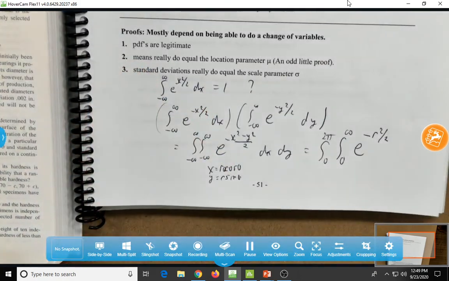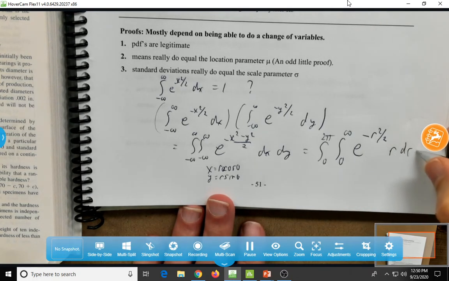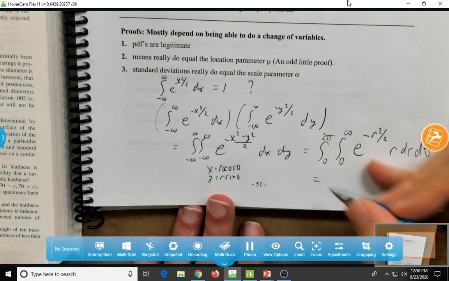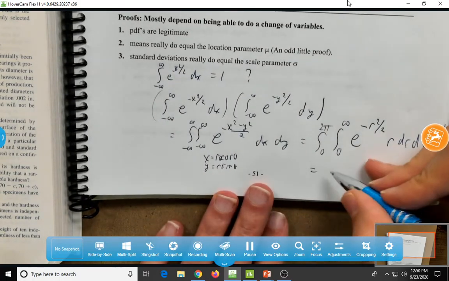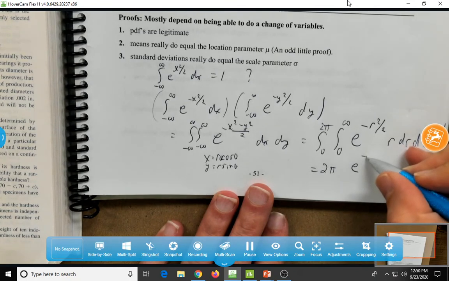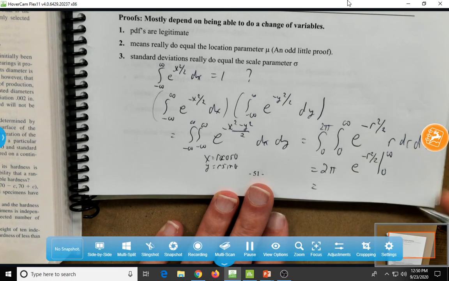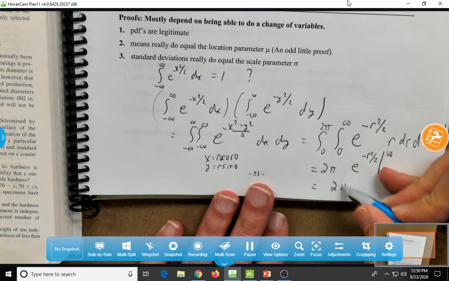And when I go from Cartesian to polars, what is my infinitesimal going to be? R d theta? Right. And so if I integrate this, I get 2 pi times e to the minus r squared over 2 from 0 to infinity. And so I get then 2 pi.